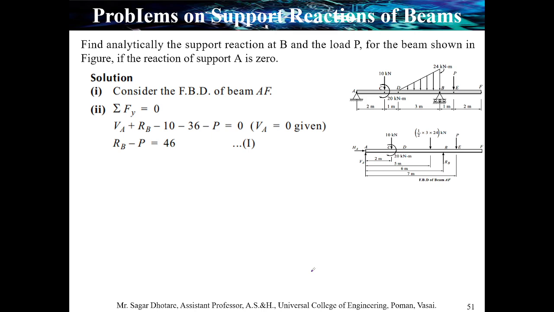RB, which is unknown, is upward. 10 kilonewton is in a downward direction, that is negative. 36 kilonewton, that is the UVL force, is in a downward direction, so it's negative. P is acting in a downward direction, so it is also negative. Since there are two unknowns, RB and P, by simplifying this equation we will get RB minus P is equal to 46.